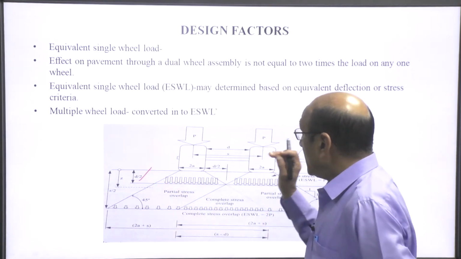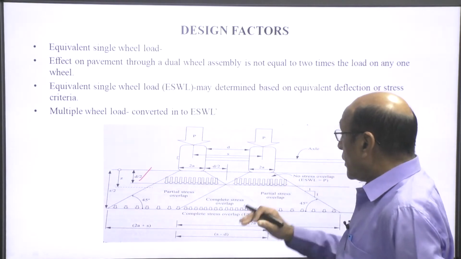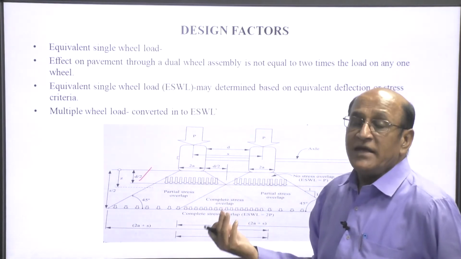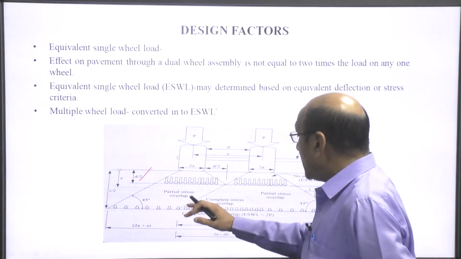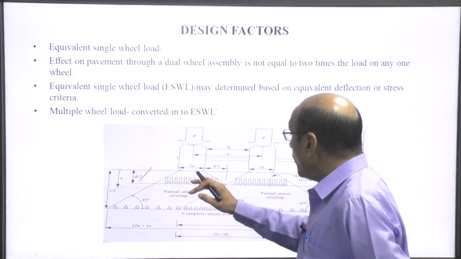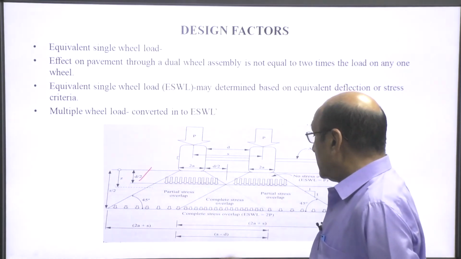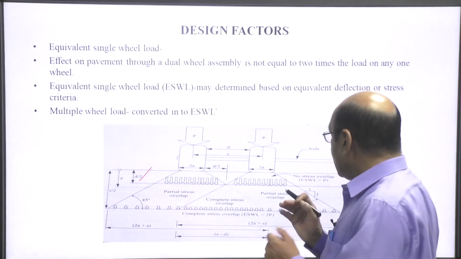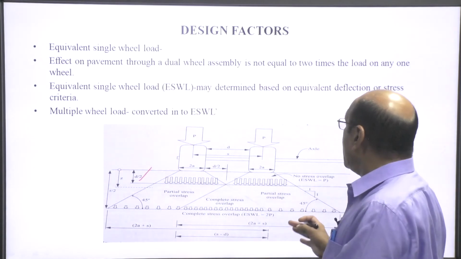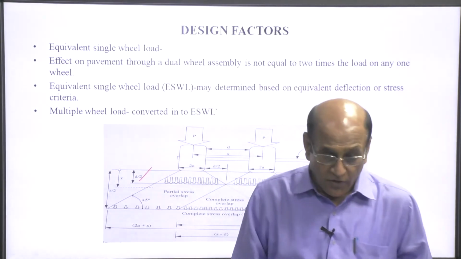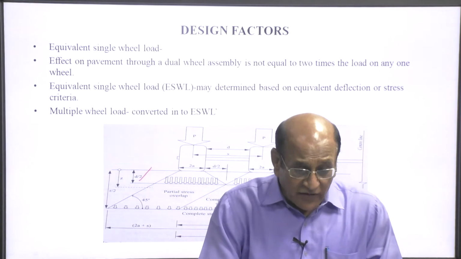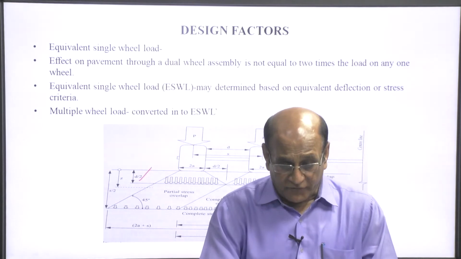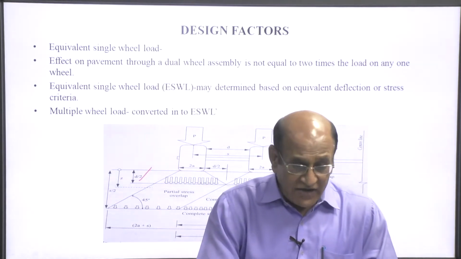Up till d by 2, if you add the loads, the total load will be 2P, P plus P. But if the influence goes beyond d by 2, then the stresses partially overlap, and in this case it will not be equal to 2P.